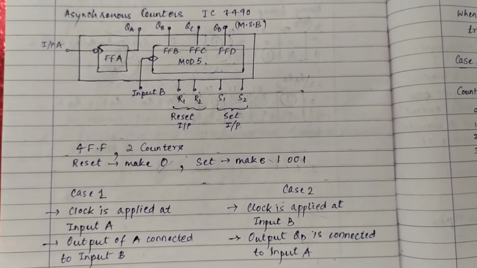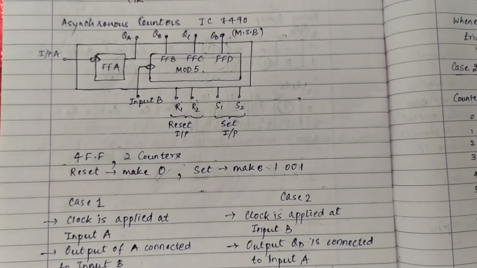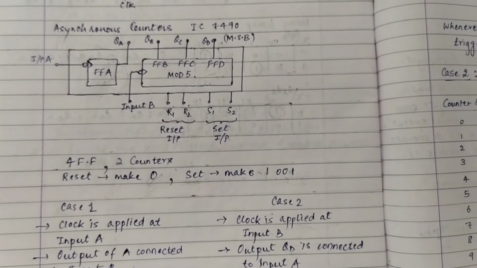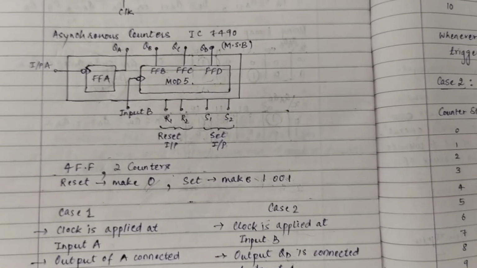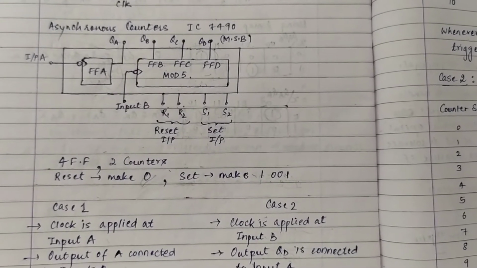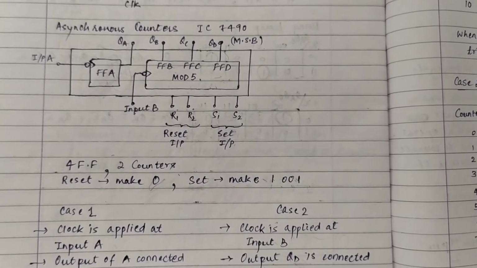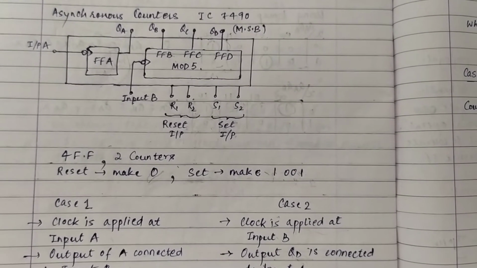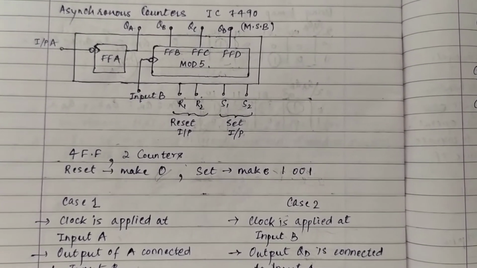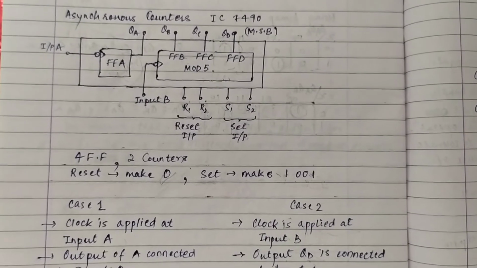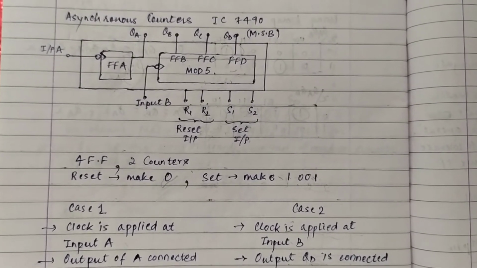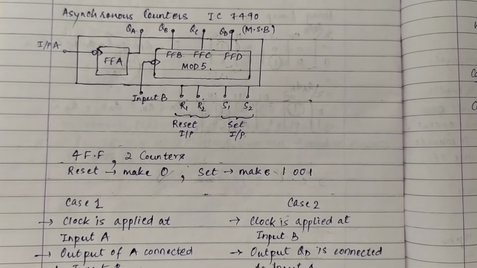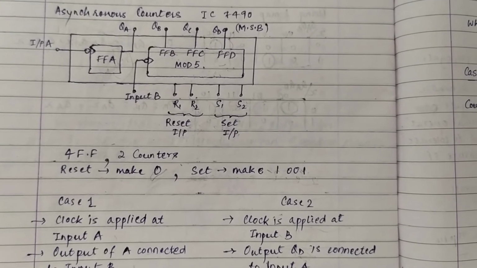Now, as you all know, this is an asynchronous counter, so the clock is very important and the clock is not synchronized. There is a separate clock for each counter, and the clock of the second is the output of the first. So in case 1, where mod 2 is first, the clock input is given to the first, and for the second the clock input would be the output of the first.